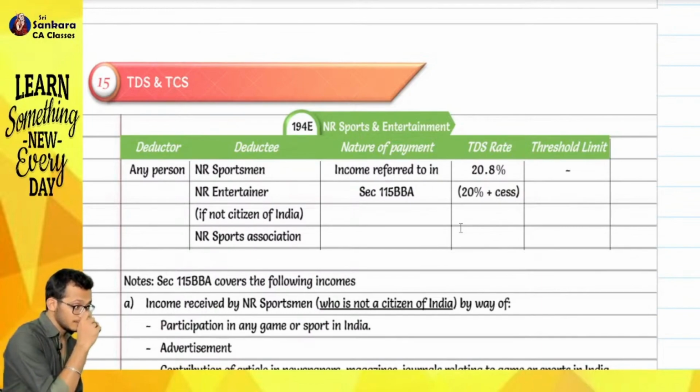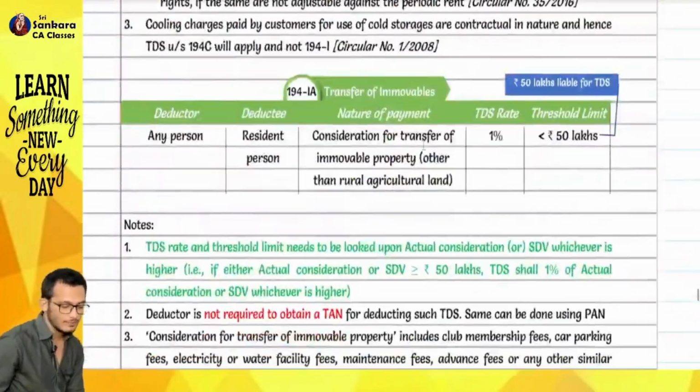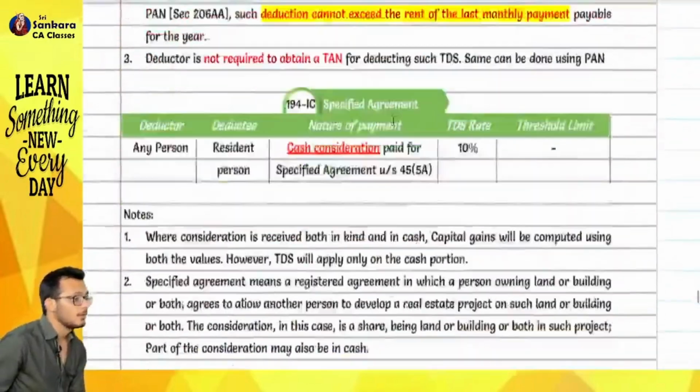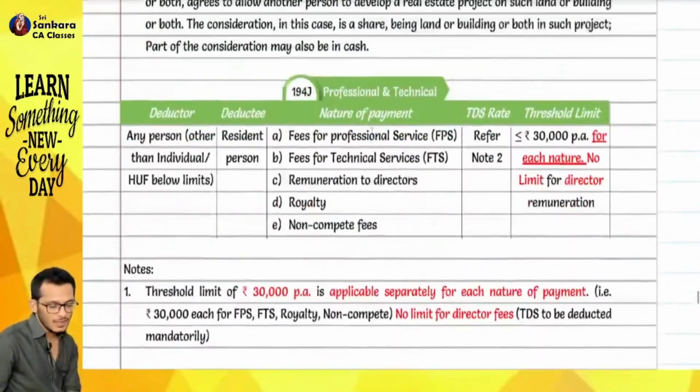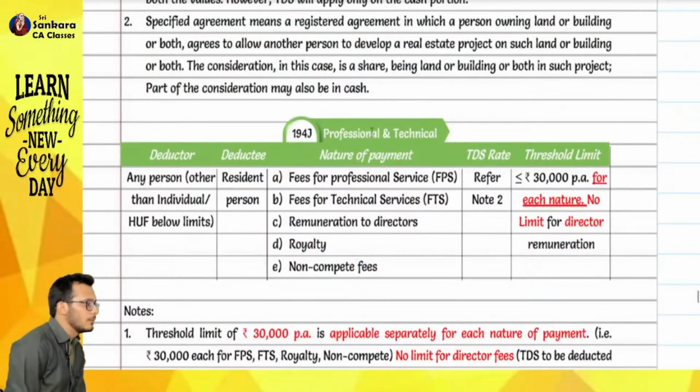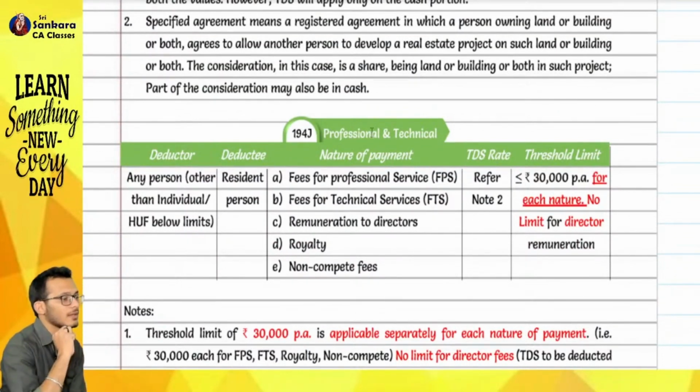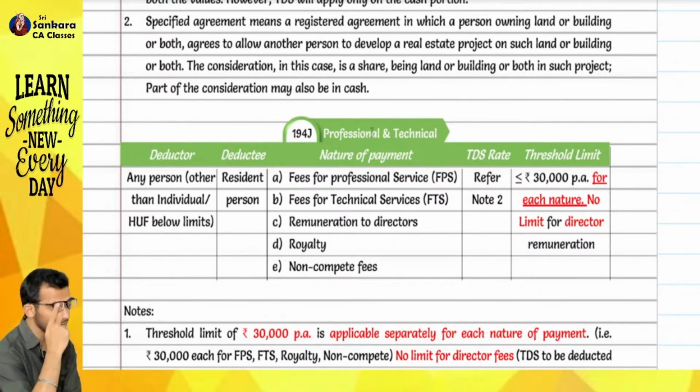After I comes J. J talks about professionals. Provisions say if you are rendering any of the four services, fees for professional service, fees for technical service, royalty, director fee, in that case you will come under 194J.